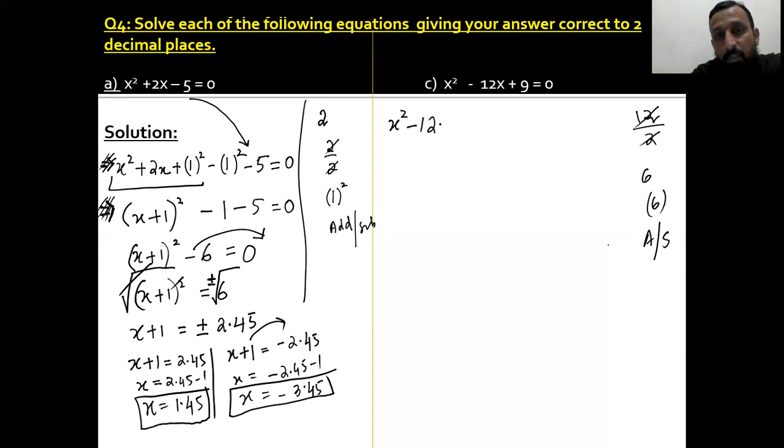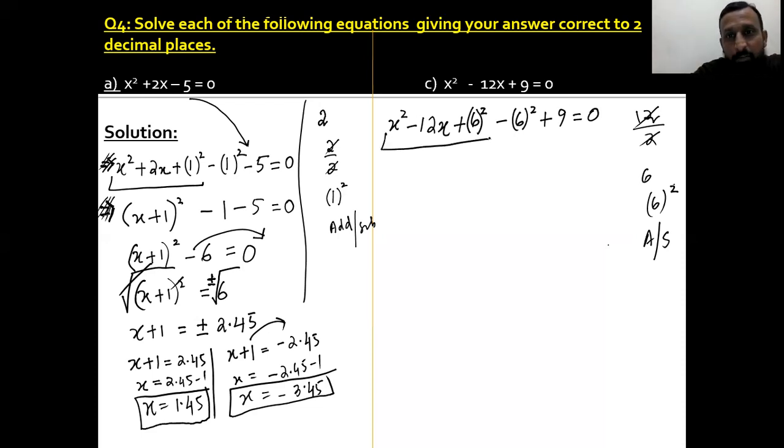Minus 12x, and after this 12x, you need to add this 6 square, and as you are adding it on your own, in order to balance it, you will subtract it on your own. Plus 9 equals 0.